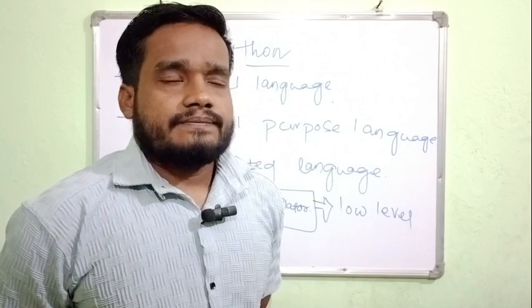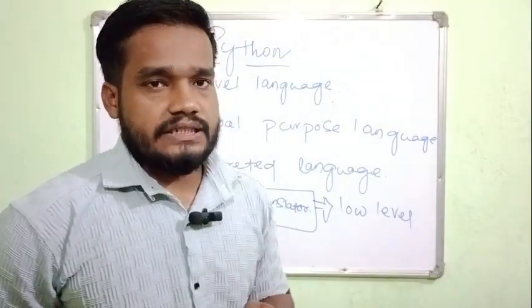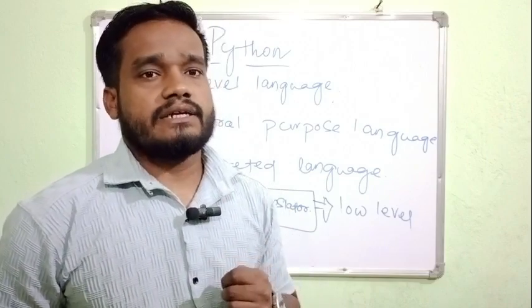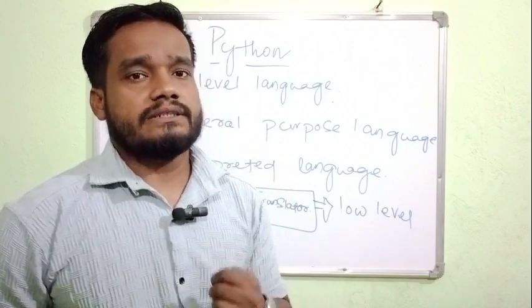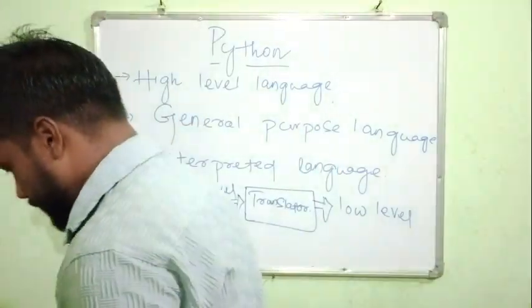Interpreted language means translators are of three types. First is interpreter, second one is compiler, third one is assembler. So let me erase.